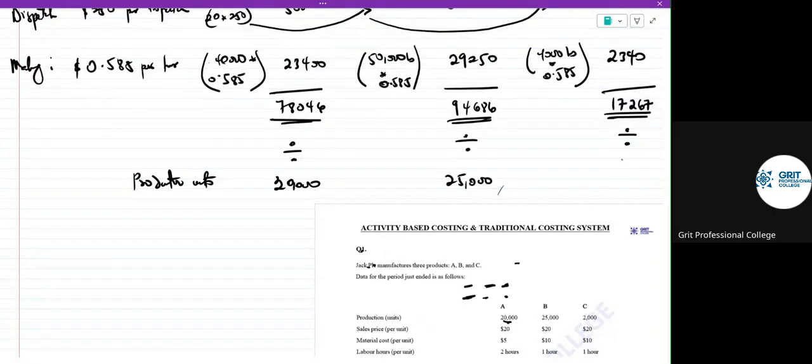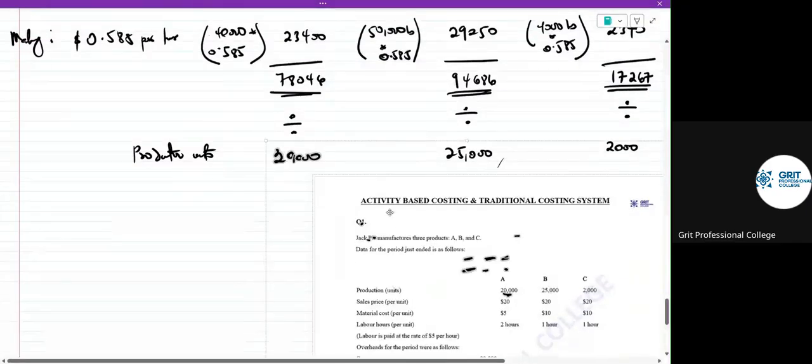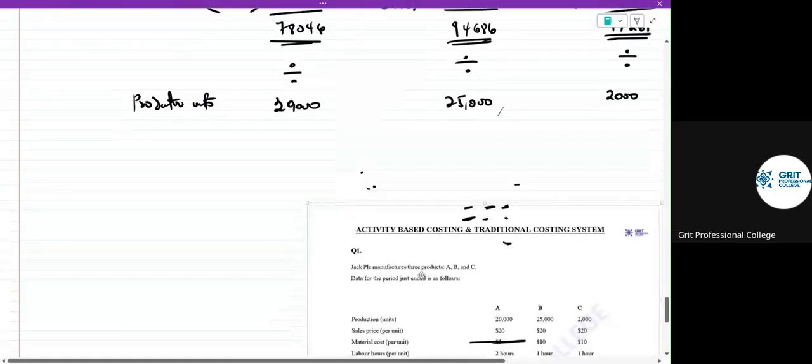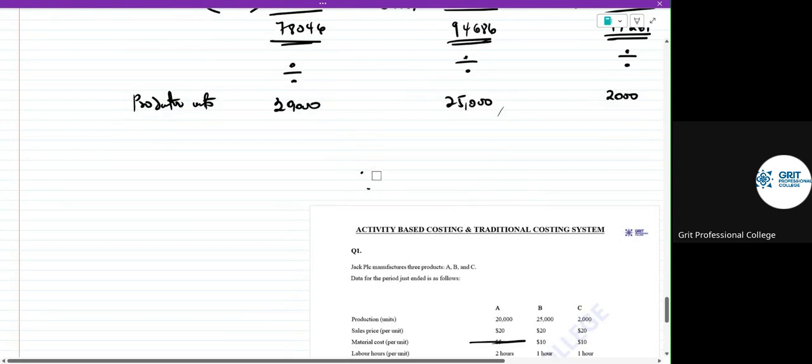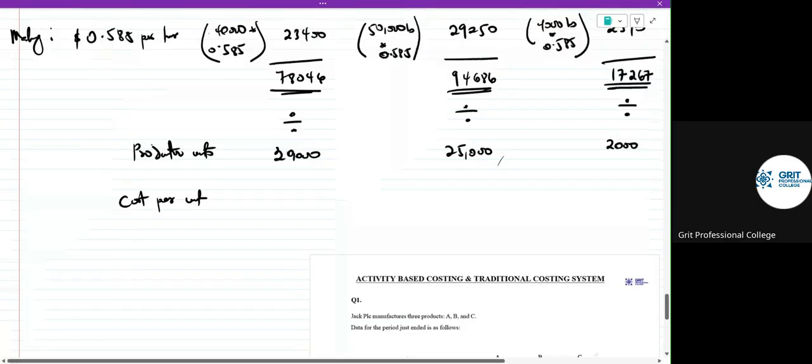And C is 2,000. Okay, so that means the cost per unit, that's the overhead cost per unit, will be what? So please divide this over this for me.